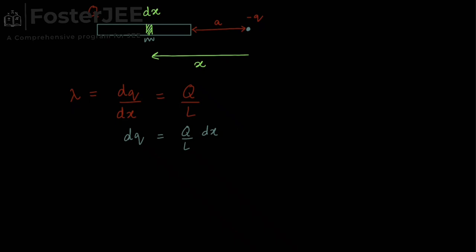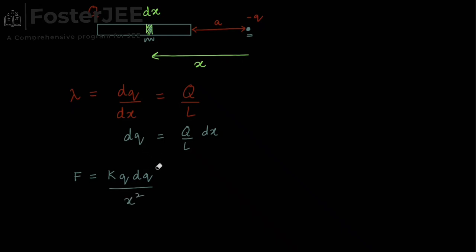Now this is a point charge and this is also a small point charge, so the force of attraction between these two point particles will be given by Coulomb's law, and that is F equals k q dq upon x square.